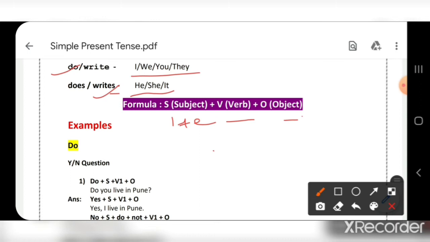Now, to make negative sentences or both types of questions, yes no type and wh questions, we have to use does. When we use does, we do not use s or es. That means we have to use only one at a time.